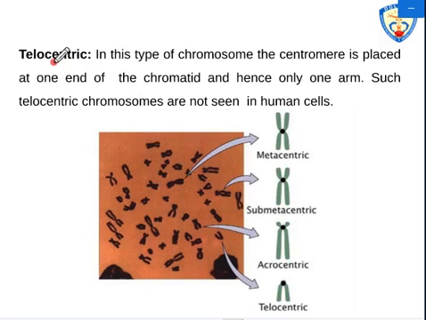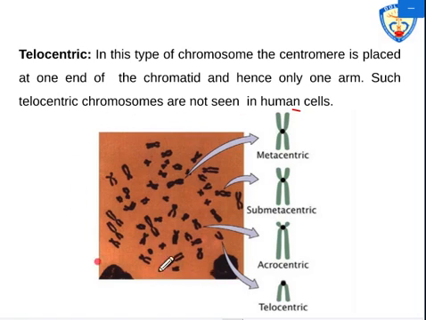Finally, we have the telocentric chromosomes. In this type of chromosome, the centromere is placed at one end of the chromatid and therefore they have only one arm. Telocentric chromosomes are not seen in humans. They are seen in the house mouse chromosomes.